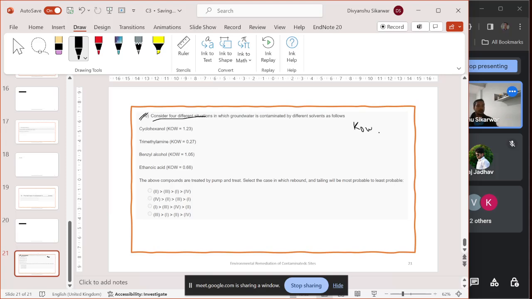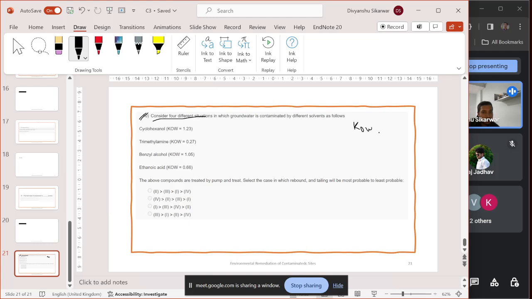Basically we can determine whether the contaminant is soluble and how much solubility it has, whether it is at the lower end or higher end of solubility in water. So the KOW value is given for four different contaminants, and you have to arrange them. All the components are treated by pumping, using the pump and treat method.